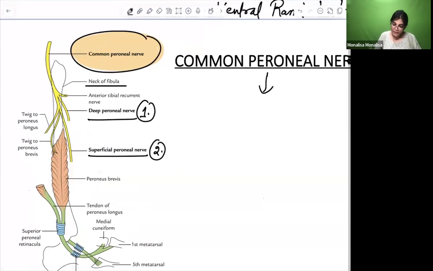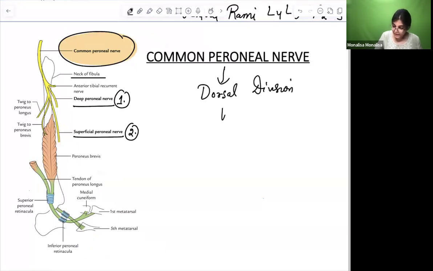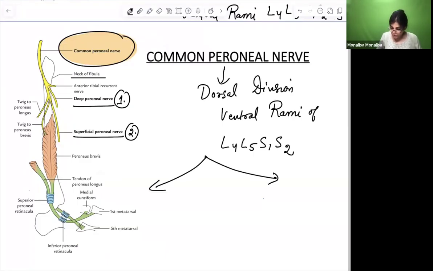Okay, the common peroneal nerve is formed by the dorsal division of the ventral rami of L4, L5, S1, S2. And here it will divide into two nerves. One is the deep peroneal nerve, another is the superficial peroneal nerve.